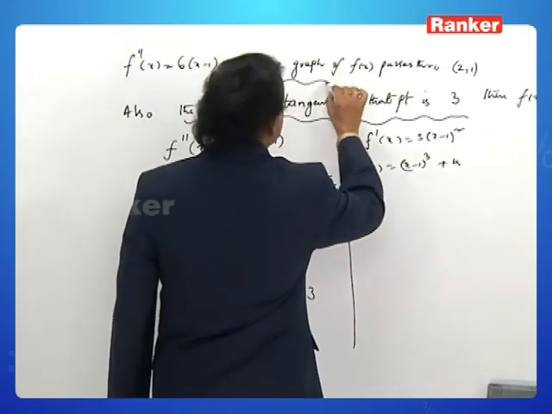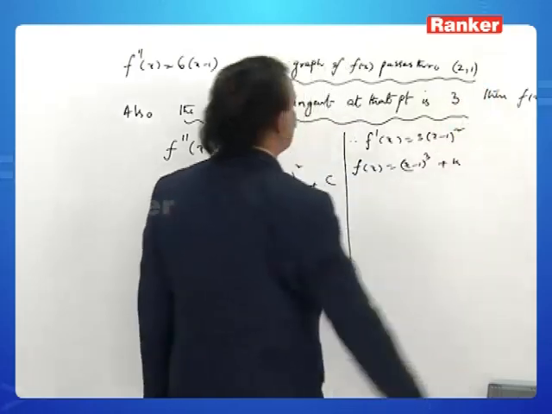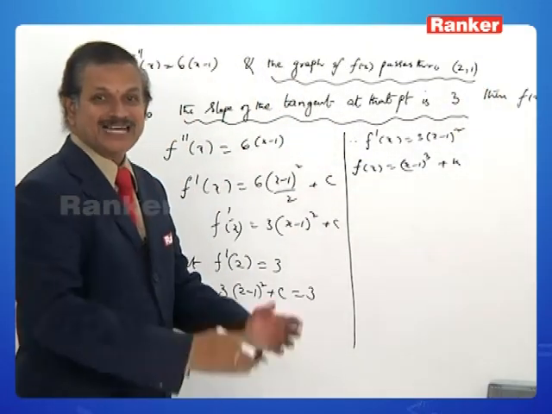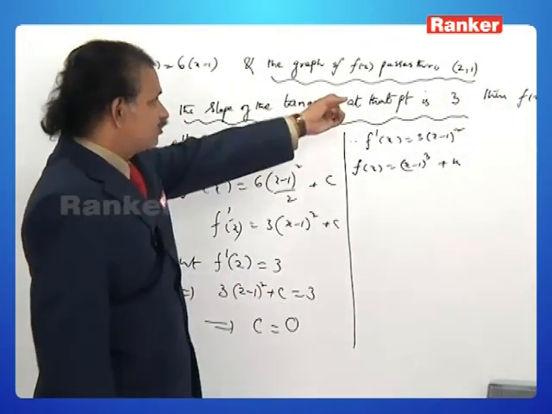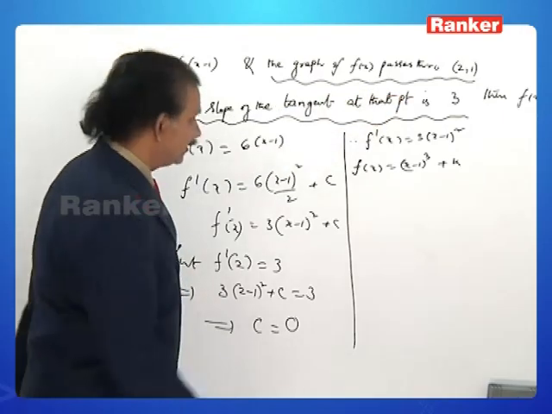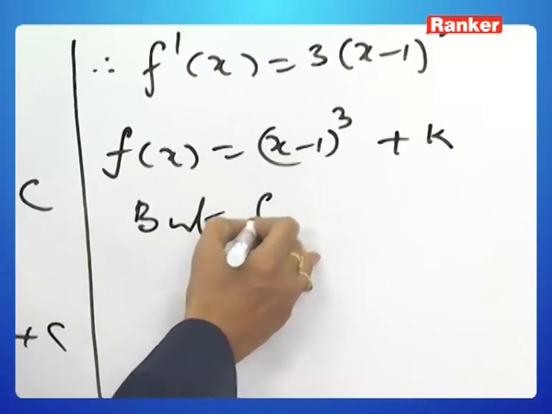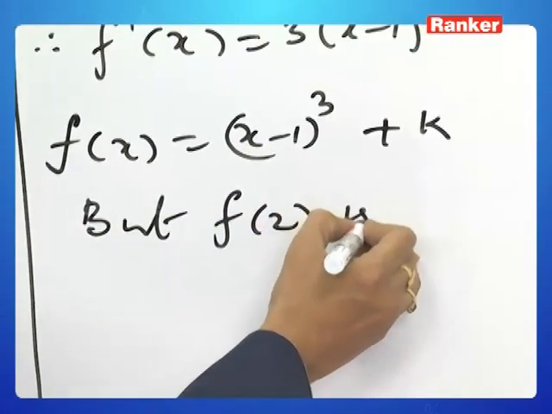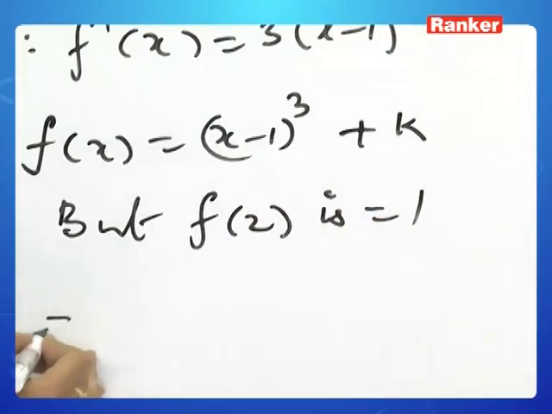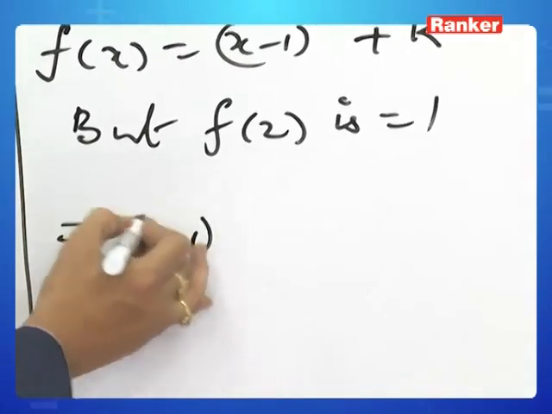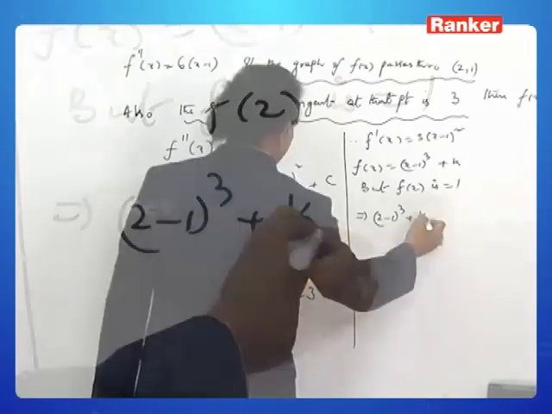Graph of the function passes through 2, 1. What is the exact meaning of that? f of 2 is 1. But f of 2 is 1 implies 2 minus 1 whole cube plus k is 1.